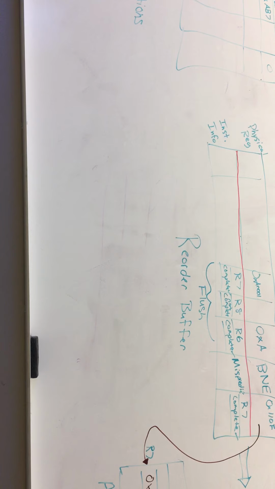So if we have a branch, if it's the oldest instruction in the reorder buffer and it's mispredicted, we're going to flush all the instructions that we fetched, and we're going to reset this so that each one just points to the architectural version of that register.